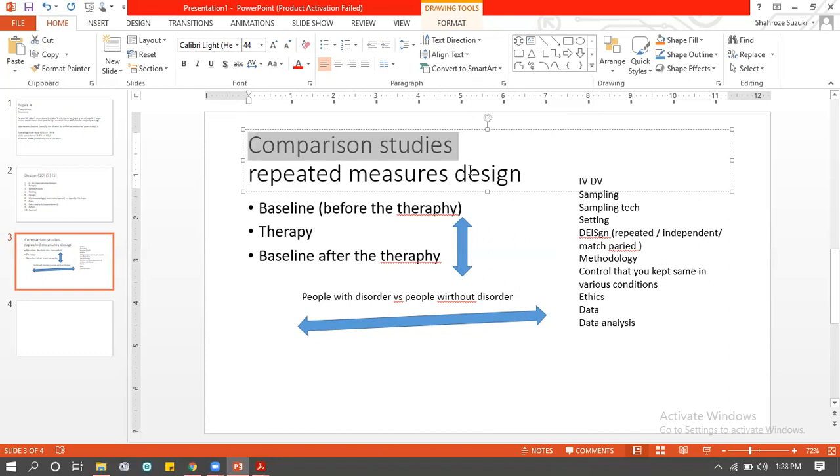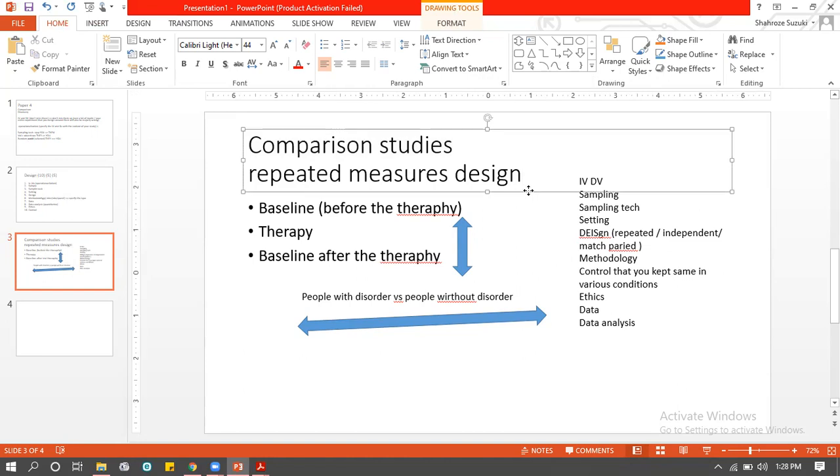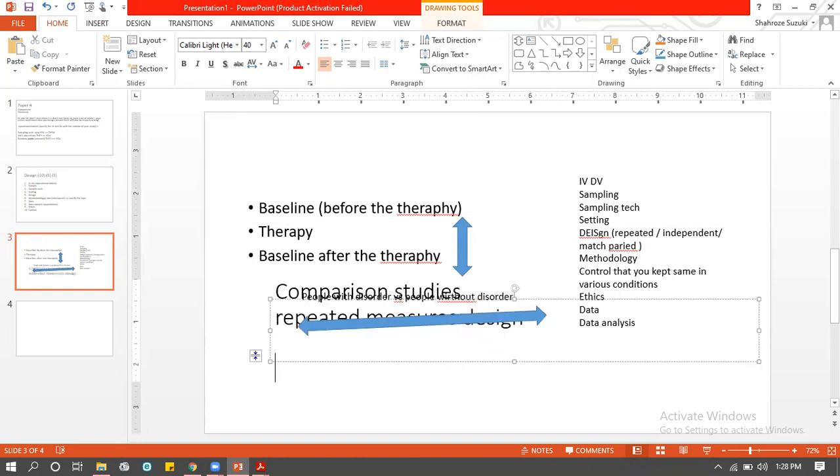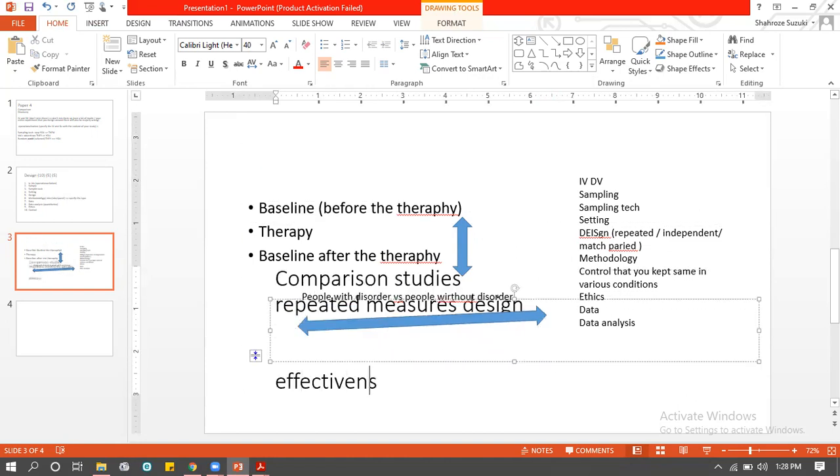Comparison studies will come in your abnormal psychology, mostly on the effectiveness of treatment. You have to find out the side effect of a treatment, right? You want to find out whether the person got worse or not. The way you do this is compare his symptoms before the treatment and after the treatment. Side effect.